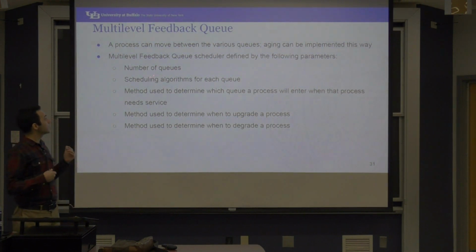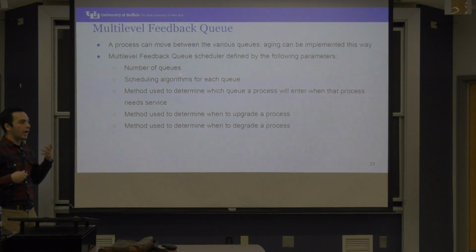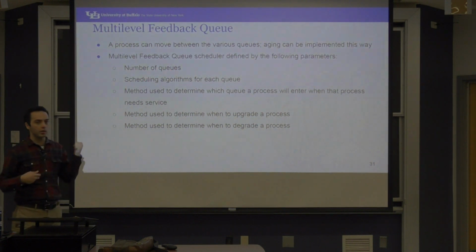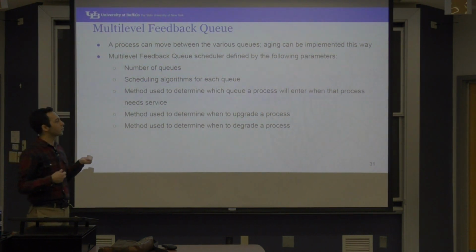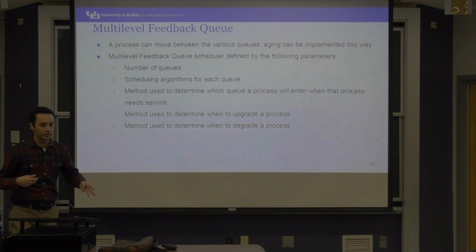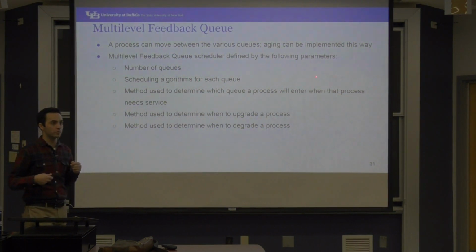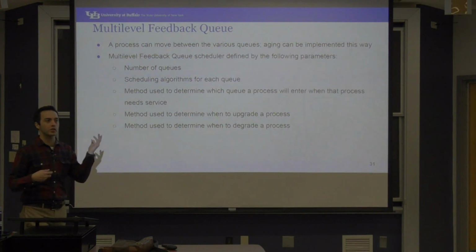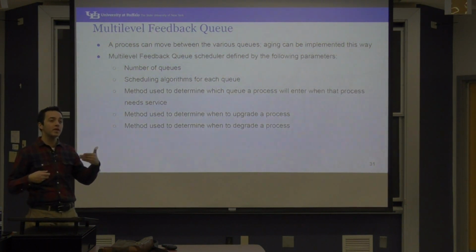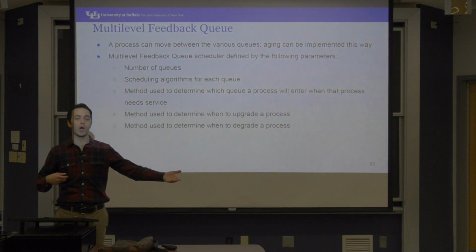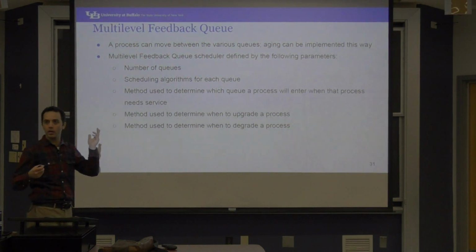You have multiple queues, and how many? In the 4.4 BSD, it's 64 queues, all the way from 0 to 63. And then scheduler algorithms for each queue. As I mentioned in the example, you may have different algorithms for queue number 1 to queue number 48.